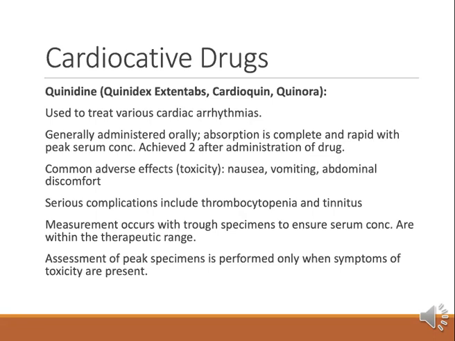Absorption is complete and rapid, with peak concentration in the serum achieved 2 hours after administration. Common adverse effects or toxicities are nausea, vomiting, and abdominal discomfort. Serious complications can include thrombocytopenia and tetanus.